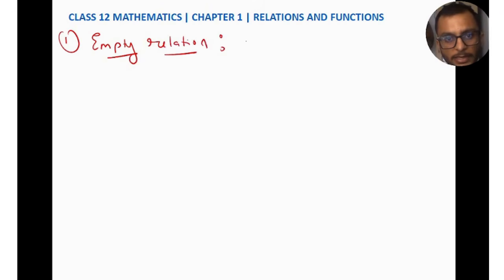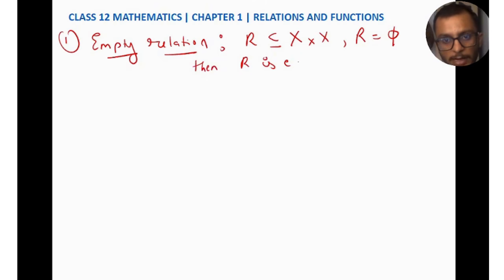If we are defining R as a subset of some set, say X cross X, and we find that R is empty, that is, set R is empty, then we say R is an empty relation.